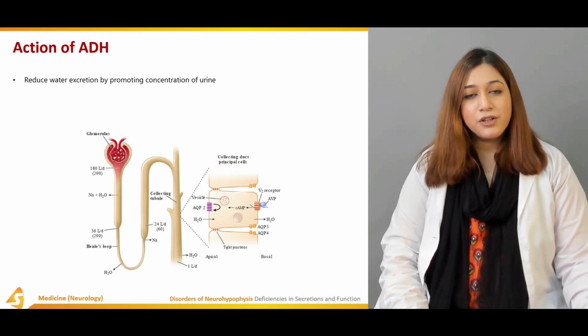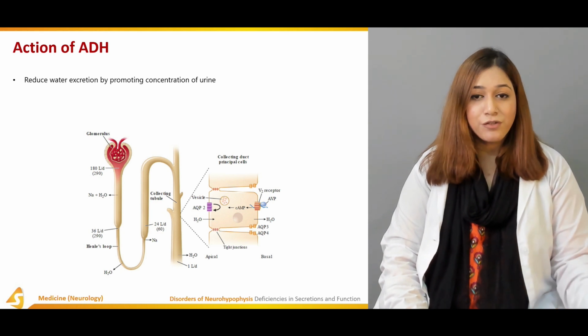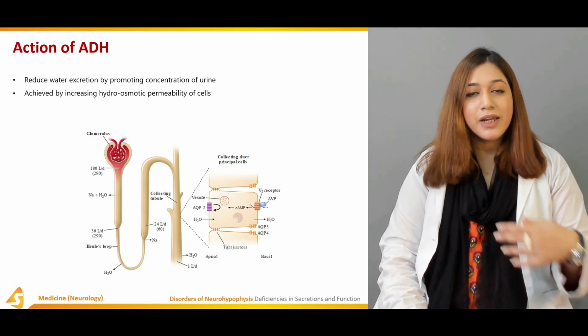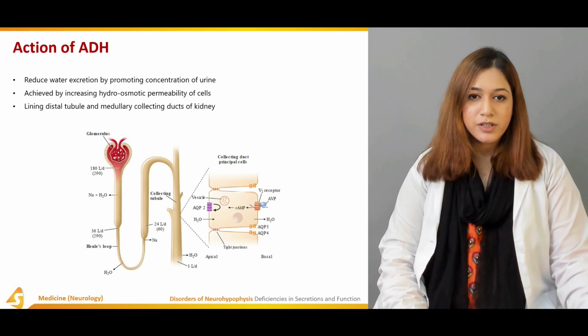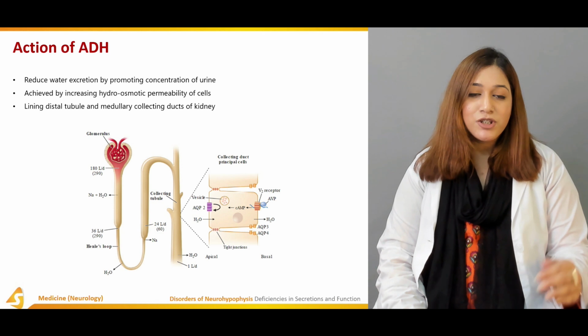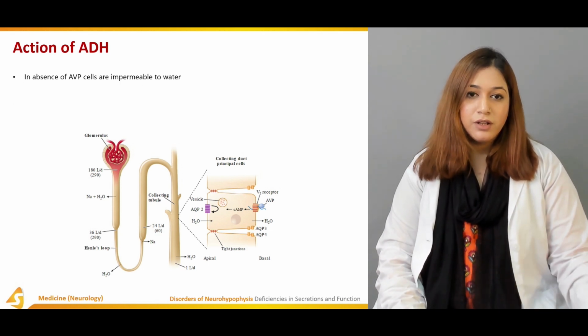ADH basically reduces water excretion by promoting the concentration of urine. How is it done? It is achieved by increasing the hydroosmotic permeability of cells. These cells line the distal tubule and medullary collecting ducts of the kidney.